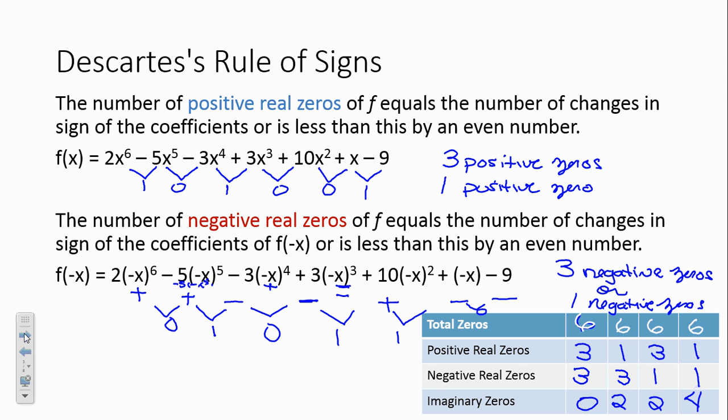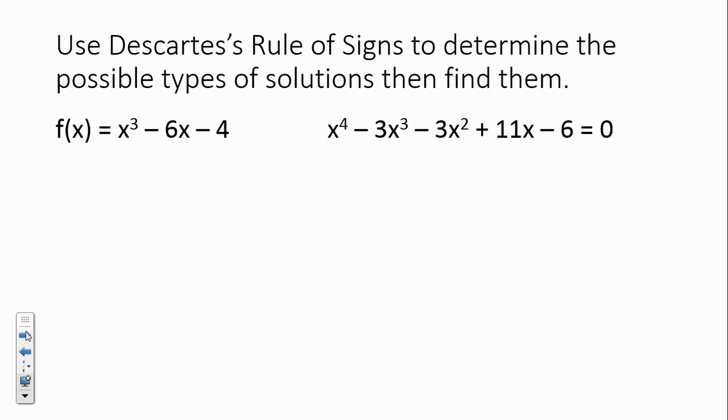Or there are no negative zeros, so you don't even bother to try them. Does that make sense? Helps you work more efficiently. So yes, I will ask you to use Descartes' rule of signs. That way you're not continually trying and wasting a lot of paper using synthetic division on things that aren't even going to work. Okay? All right, so next example.